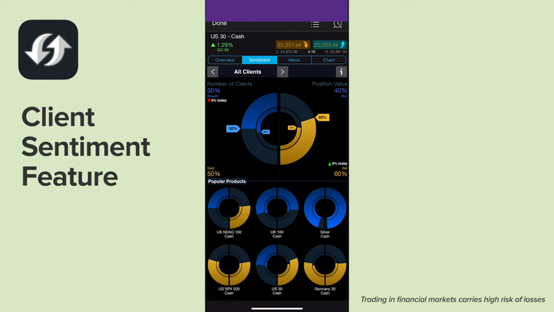Now, if you come to the right-hand side, you have the buy position value. What does it mean? Buy position value is effectively the total exposure, or basically where the big money is. There might be a number of unique clients, but let's say you had 10 positions running and one person is short and selling $1 million worth of positions. The other 9 are buyers, but they were buying worth $10,000 each.